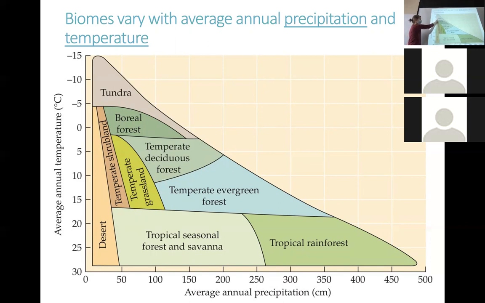If it gets really, really cold, it turns into tundra. So from this, what I want you to know is generally the relative positioning of these different biomes, and mostly the extremes. So I want you to be able to tell me that tropical rainforest is much warmer and wetter than, say, the tundra.